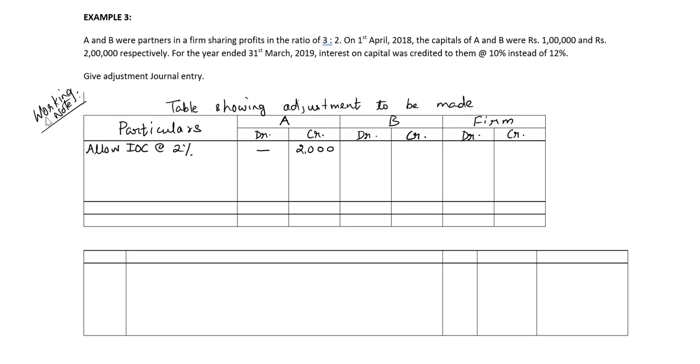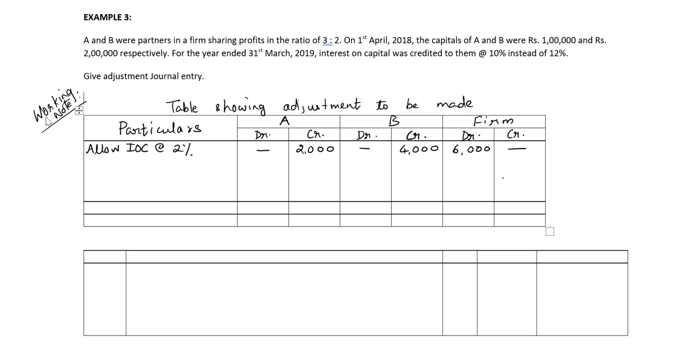So A is credited with 2000. 2% on rupees 2 lakh, which is B's capital, is rupees 4000. So B is credited with 4000. We'll add the two amounts up, we get 6000, and we will debit the firm with rupees 6000. The errors have been rectified.